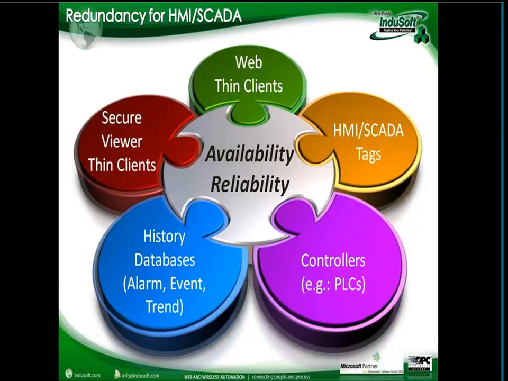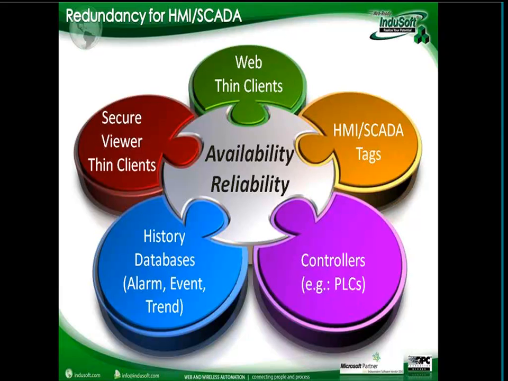And it pretty much covers all the typical scenarios in industrial automation projects where you have HMI SCADA systems in some kind of redundant mode. And they are not mutually exclusive, and they do not depend on each other.